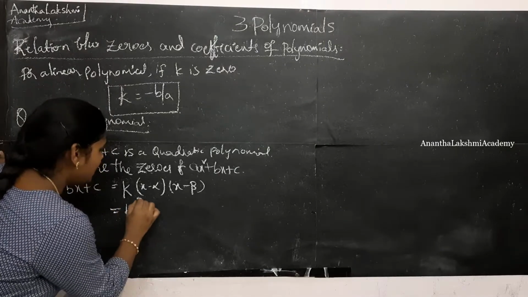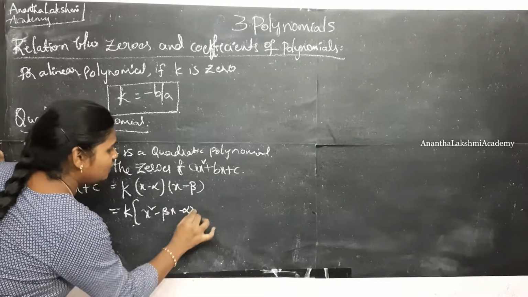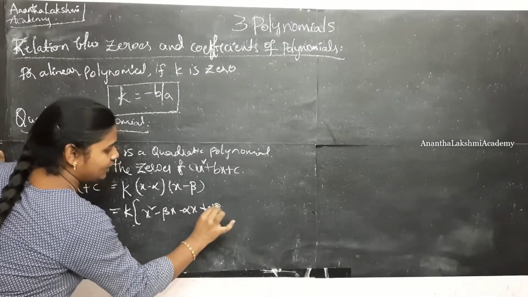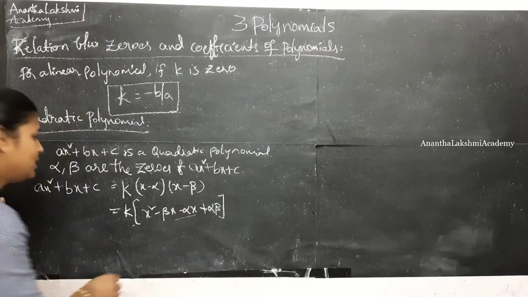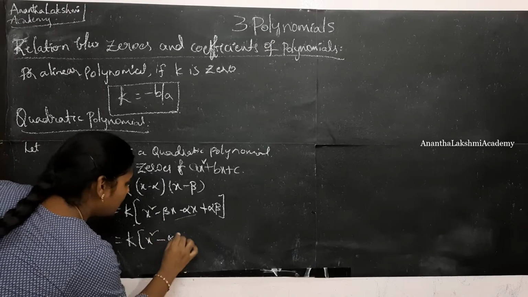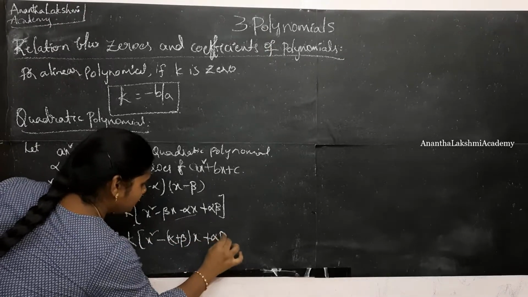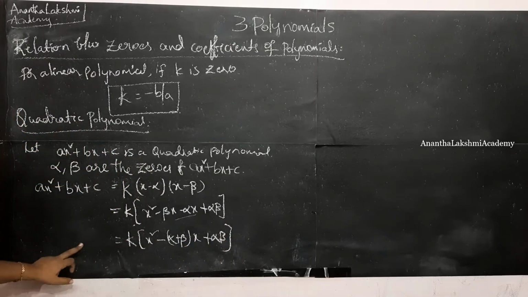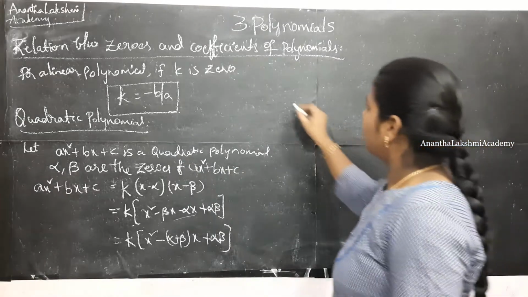This will be k into x square minus beta x minus alpha x plus alpha beta, the multiplication part. If I take minus x common, this is x square minus alpha plus beta into x plus alpha beta. Now let me take k into the bracket. What happens?